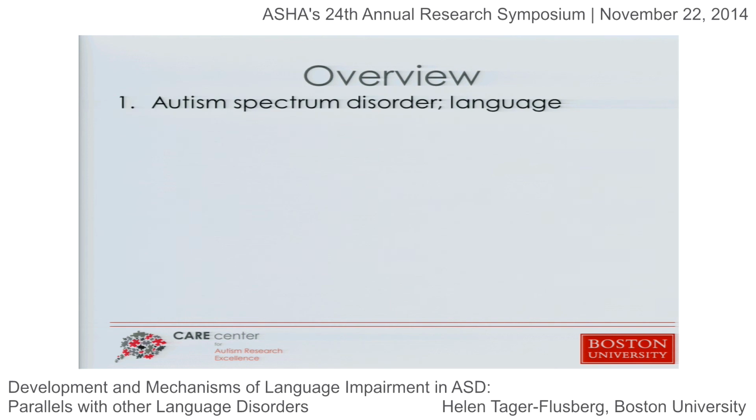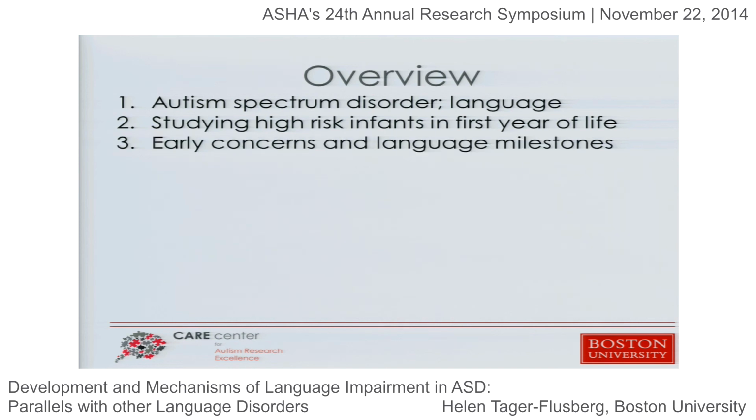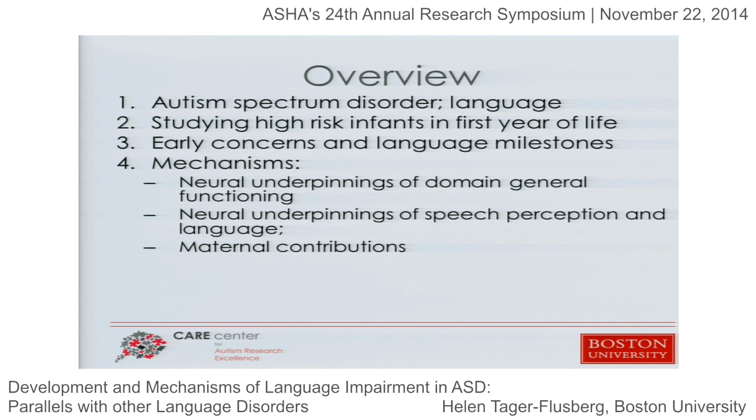Okay, the overview of my talk is I'll start by introducing autism spectrum disorder and then drill down into a few words about language in autism. I'm then going to talk about studying high-risk infants in the first year of life, infants at high risk for autism. I'll then talk about early concerns and language milestones that are drawn from the data for our project, but very much reflect what is coming out of other work in this area. I'll then focus on mechanisms, which is what I largely wanted to address.